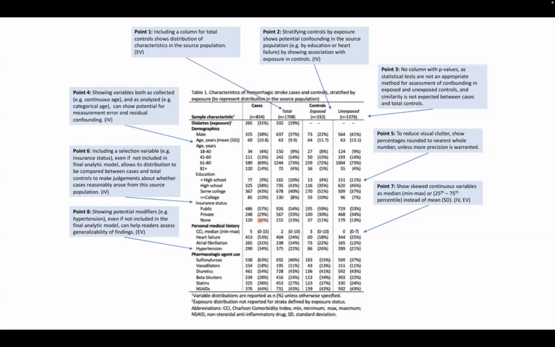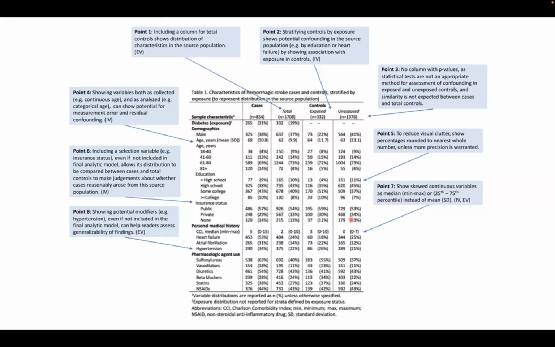But it seems like the distribution of insurance status is almost identical across the board. So they're including it because it's probably a pretty common follow-up, a question that is often asked or considered when looking at things like this. So they included it anyways, even if they did not include it in their final model. Sometimes it's nice to include variables of interest, even if you did not end up including them in your model.